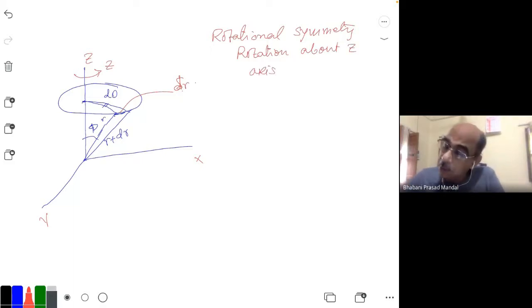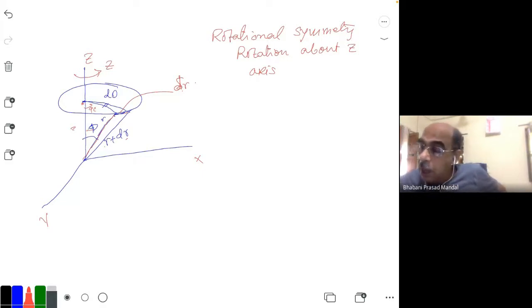Suppose this is my position vector at any time, this is r, and at some later time it is r plus delta r. This angle with the z axis is phi. This is the center, and this circle is perpendicular to the z axis, so this angle will be 90 degrees.